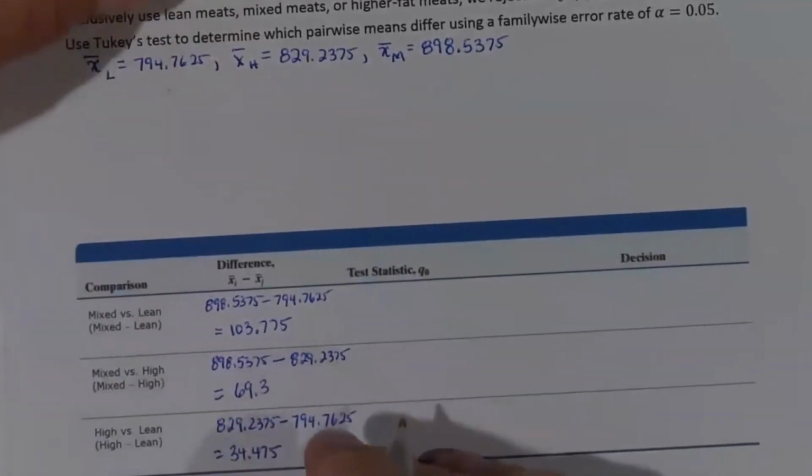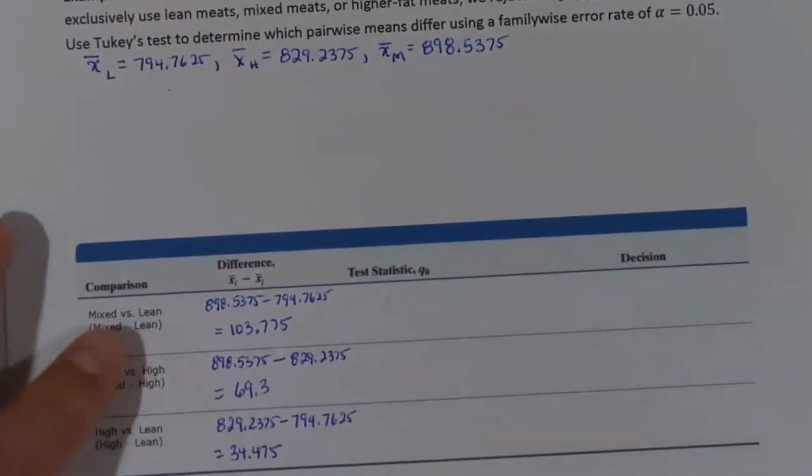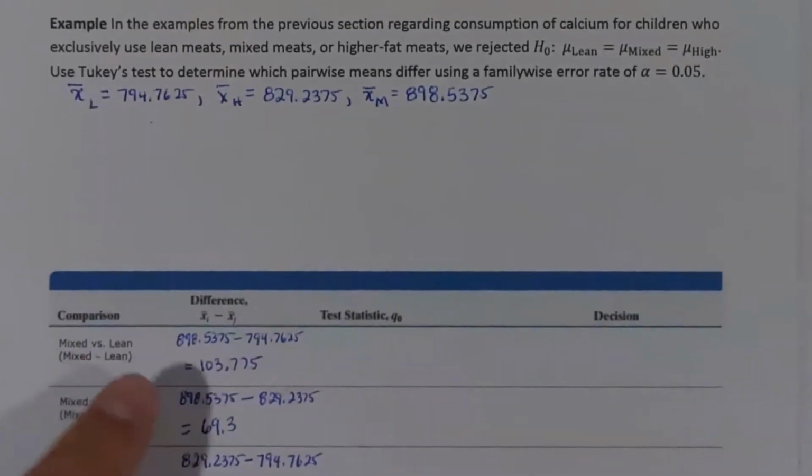Now, what we want to tell is, are those differences statistically significant? So is this difference statistically significant or not? To make that decision, I'm going to have to calculate each test statistic, Q naught.